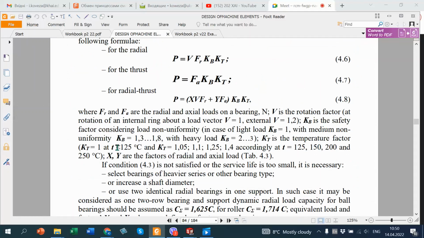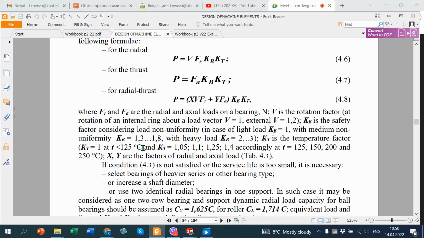If working temperature is less than 125 degrees centigrade, in such case it equals 1. It means that bearing surface temperature should be less than 125.